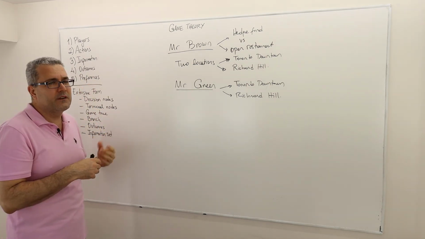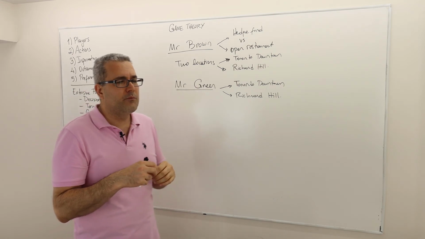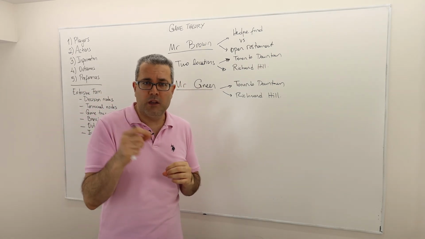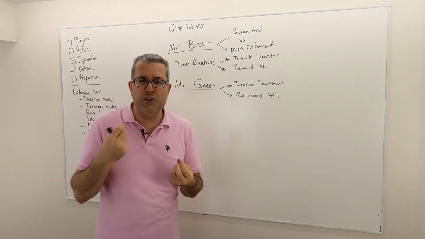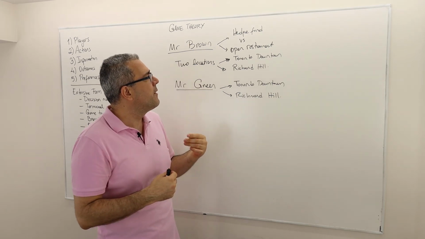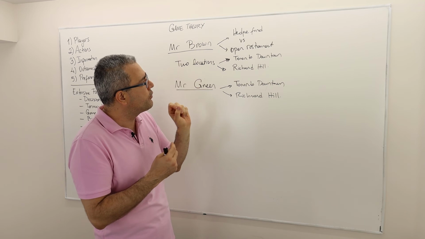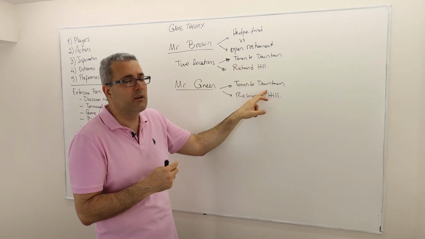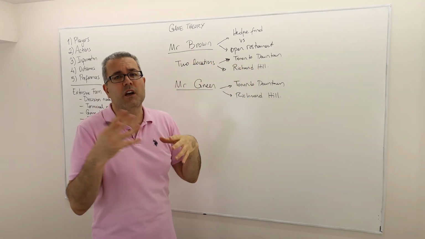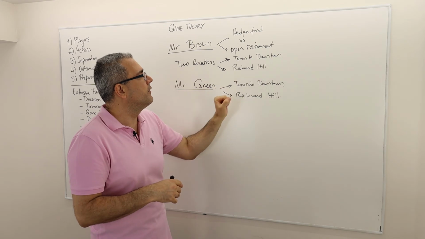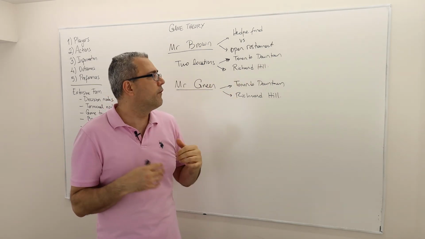And then the preferences, I didn't completely specify them. I will, though, but sort of mentioned them, right? Remember, I said both Mr. Brown and Green actually prefer to open a restaurant in Toronto downtown if Mr. Brown decides to open a restaurant, obviously, because Toronto downtown is more profitable.